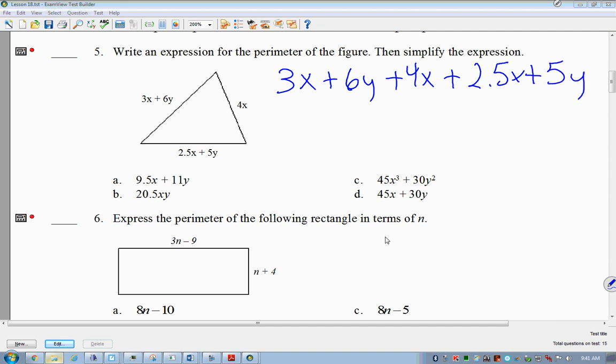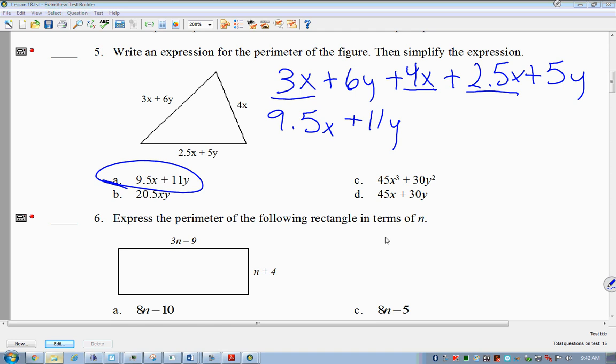Now let's try to simplify that expression. Right? What are my like terms? Okay. So I got 3 plus 4 is 7. 7 plus 2.5 is 9.5x. I've got 6y and 5y, which is, okay, all right. You'd get the same type of thing.